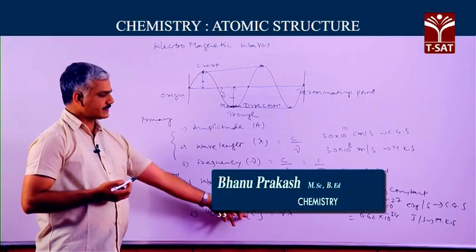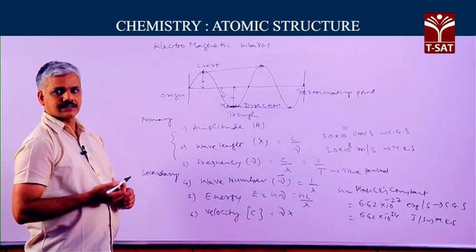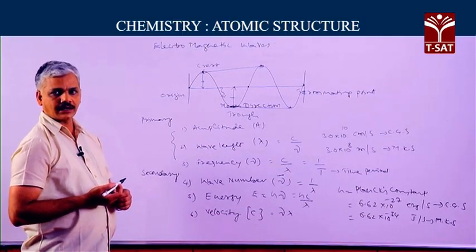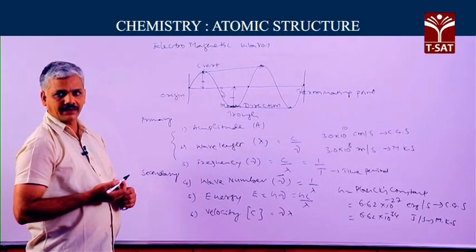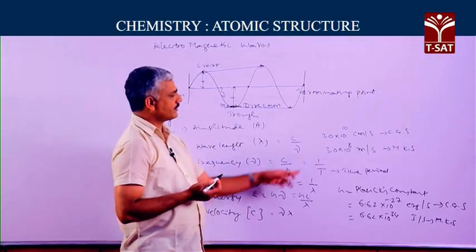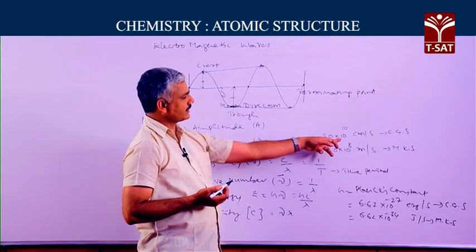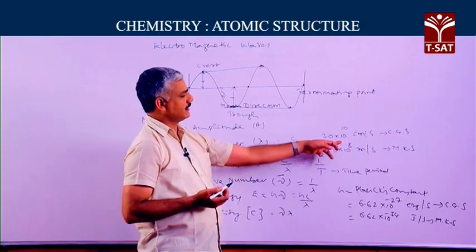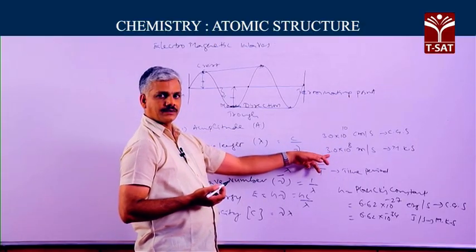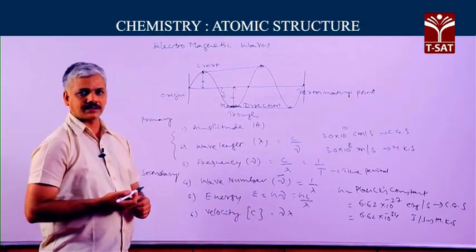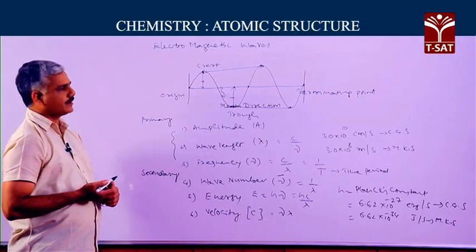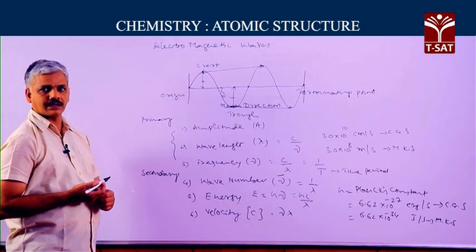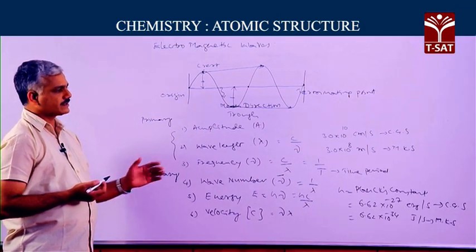Hence, this velocity is denoted with the symbol c, indicating constant value. It is independent of direction as well as medium, and its value is 3 into 10 power 10 centimeters per second, or 3 into 10 power 8 meters per second. Based on these relations, we will work out number of problems in this topic, atomic structure, which we will discuss separately.